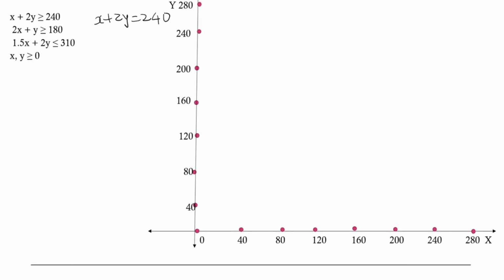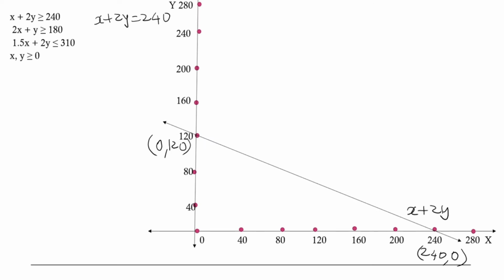When x is 0, y is 120. When y is 0, x is 240. So this is the point 240 comma 0. Join these 2 points with the help of a straight line. We get the line x plus 2y is equal to 240.